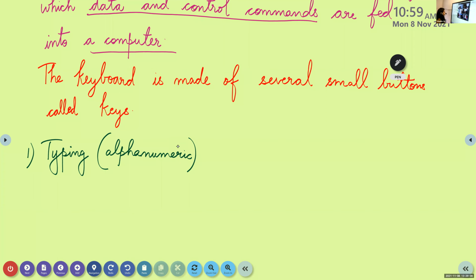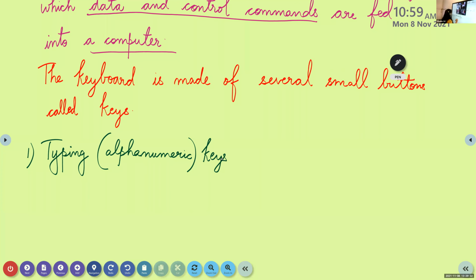A-L-P-H-A, N-U-M-E-R-I-C. Alphanumeric. And then close the bracket and write keys.